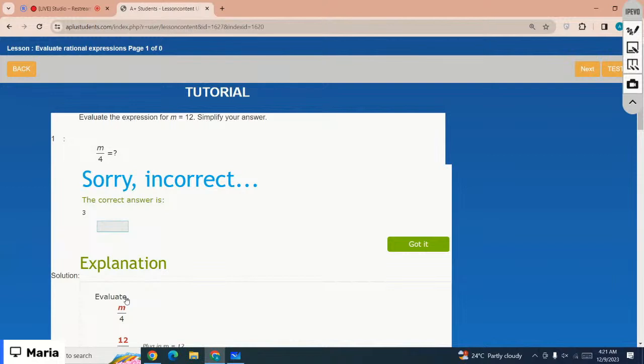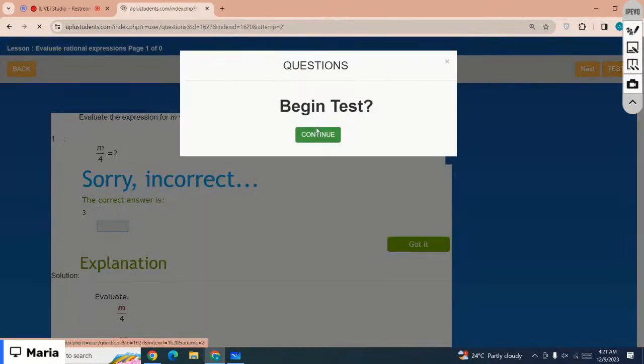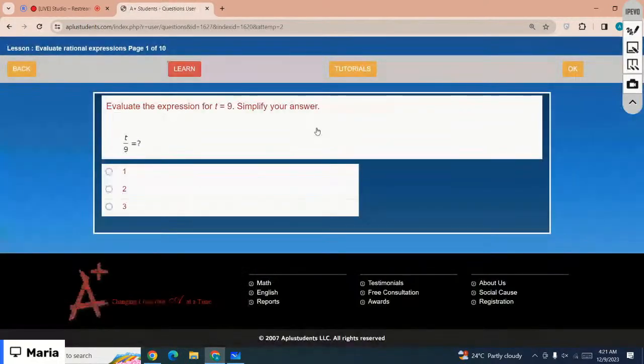Let's just start with the test questions. Evaluate the expression for t equals 9. Simplify your answer. So which is the correct option?